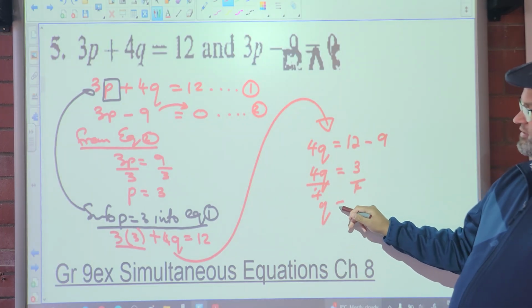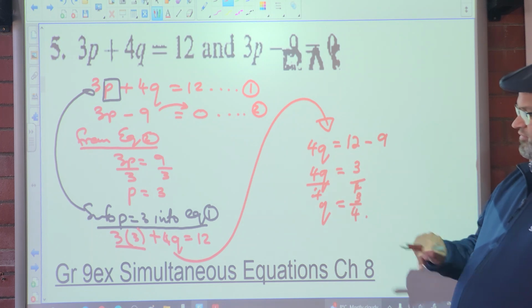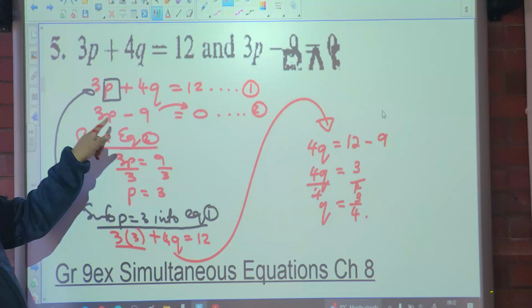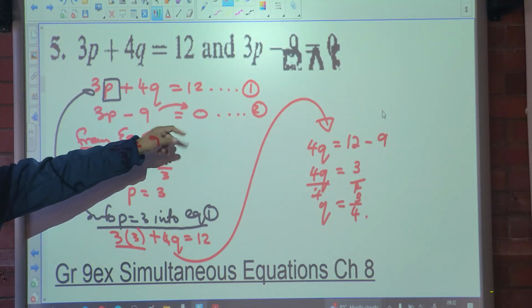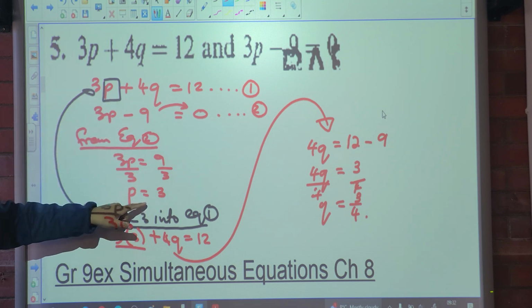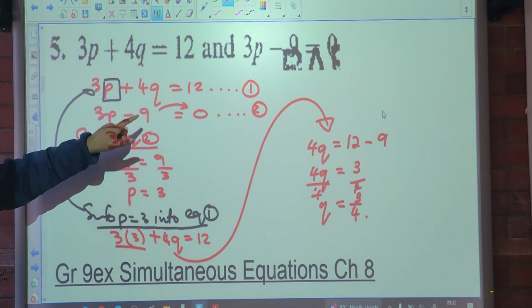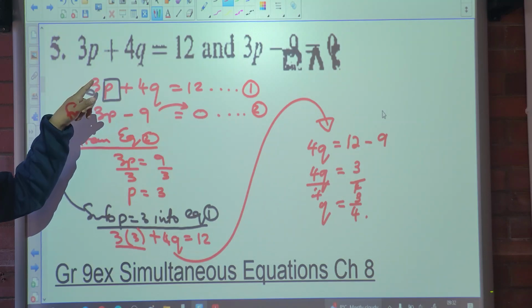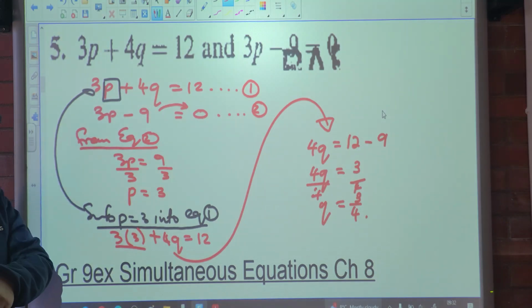So q is 3 over 4. Again we can test. p is 3. 3 times 3 is 9. 9 minus 9 is 0, which is correct. 3 times p, which is 3, is 9. 4 times 3 over 4 is 3. 9 plus 3 is 12, so it works.